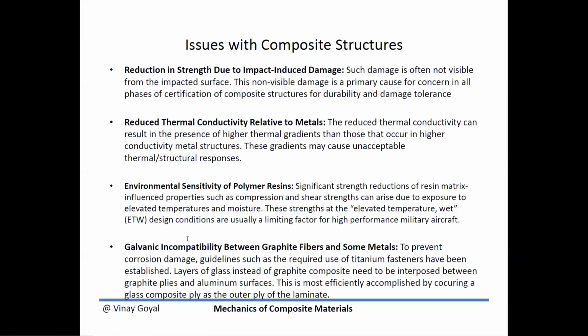We also have a situation of the reduced thermal conductivity relative to metals. The reduced thermal conductivity can result in the presence of higher thermal gradients than those that can occur in higher conductive metal structures. These gradients can cause unacceptable responses in the structure.